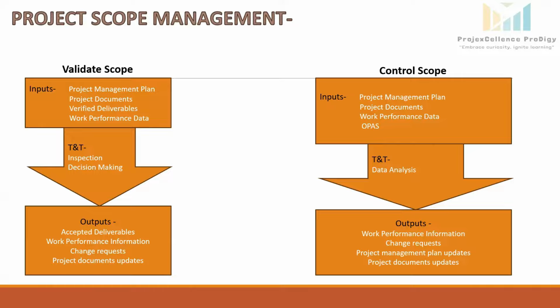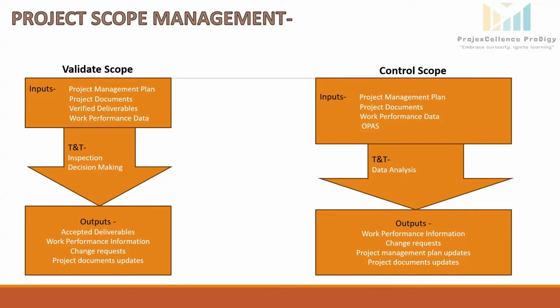This information helps in tracking the project's progress. Change requests: if any deliverables are not accepted, a change request may be issued to correct the problem. This change request could lead to rework or adjustments to the project scope.